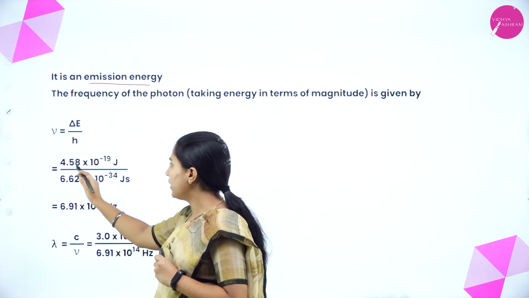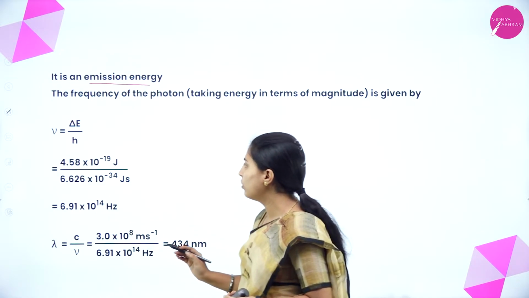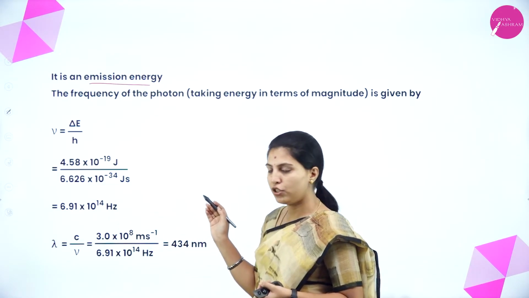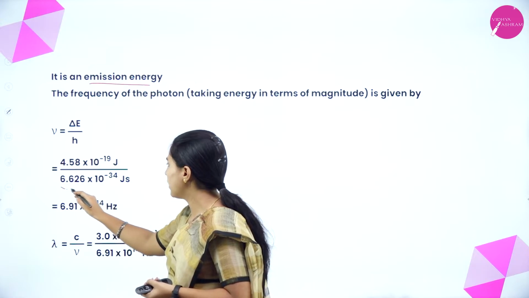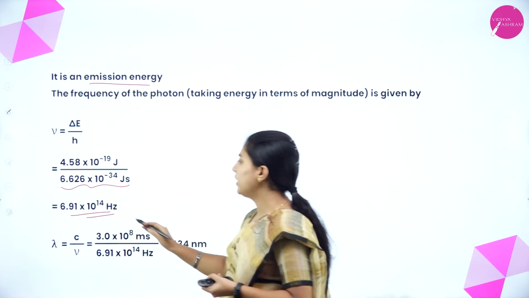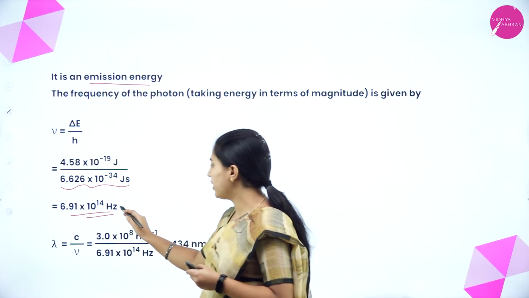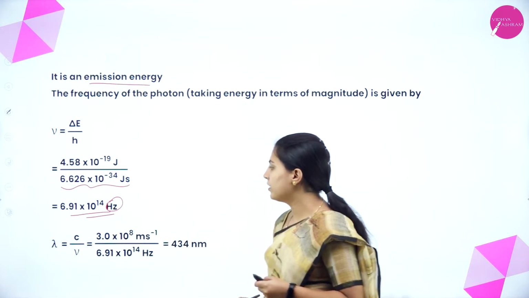What is delta E? We got previously 4.58 into 10 to the power of minus 19 joules, divided by Planck's constant. After that we will get 6.91 into 10 to the power of 14 hertz. Frequency we always write in terms of hertz.